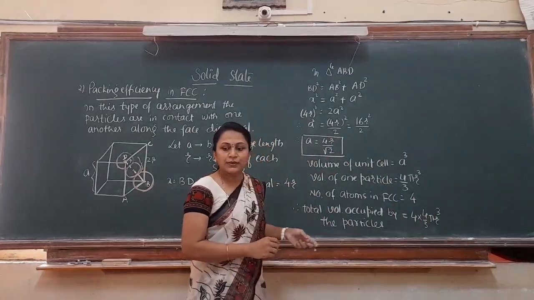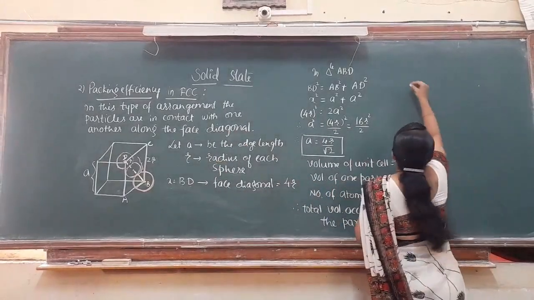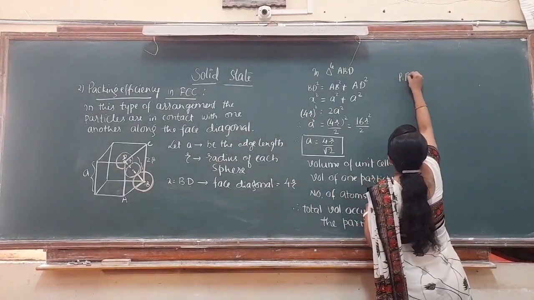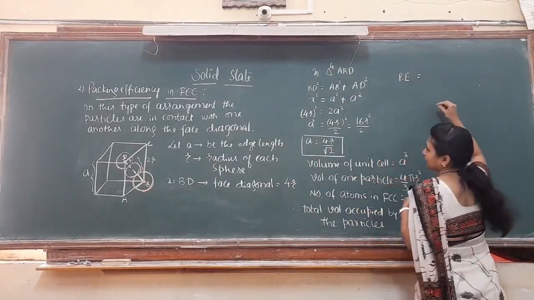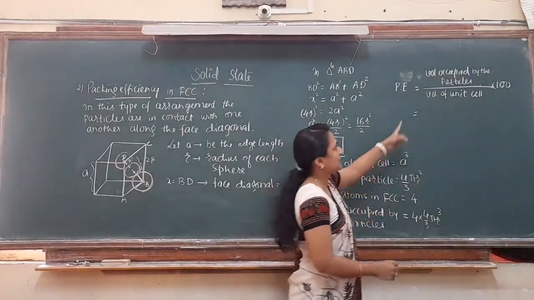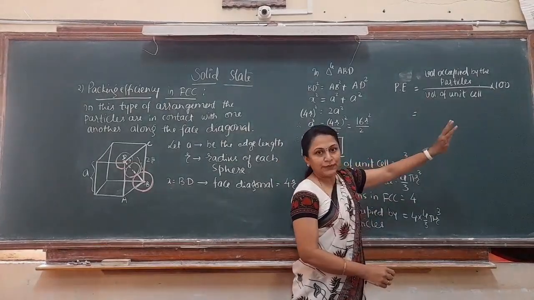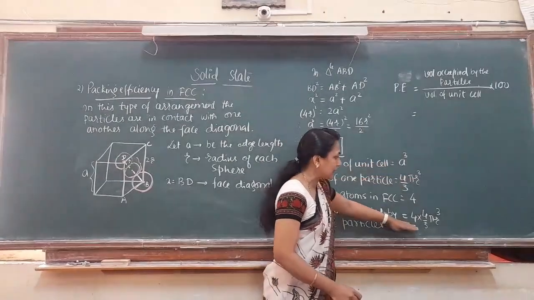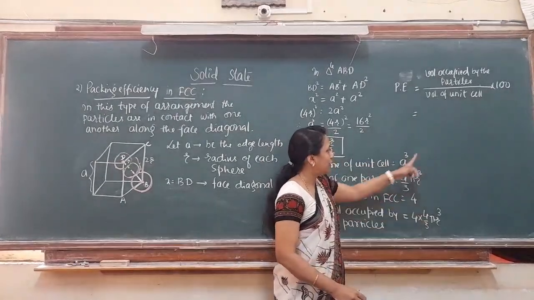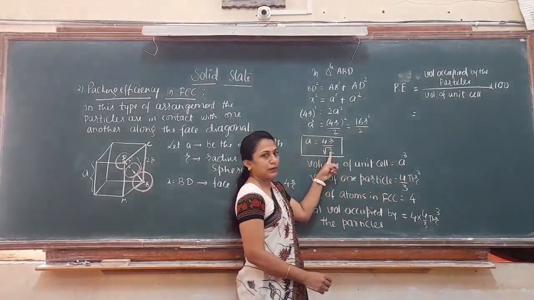Now you substitute the values in packing efficiency formula. I will write packing efficiency is equal to volume occupied by the particles divided by volume of unit cell into 100. So total volume occupied by the particles is this much. Volume of unit cell is A cube, means it is 4R by root 2.